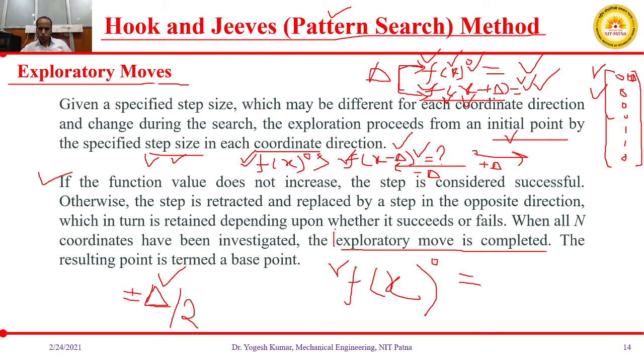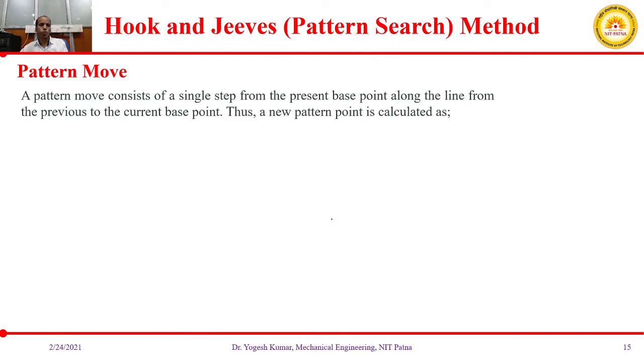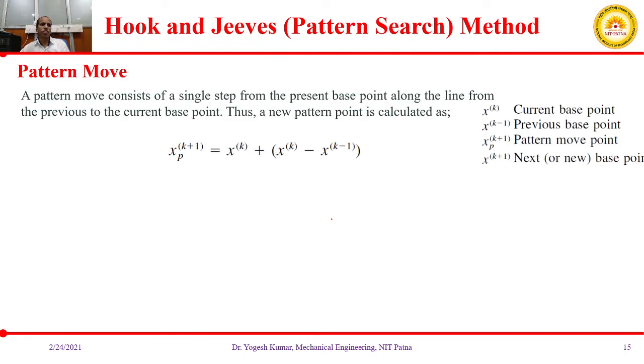Okay, so I hope it is clear how we are trying to get the next possible solution using the exploratory move. After the exploratory move, the next step is called the pattern move.